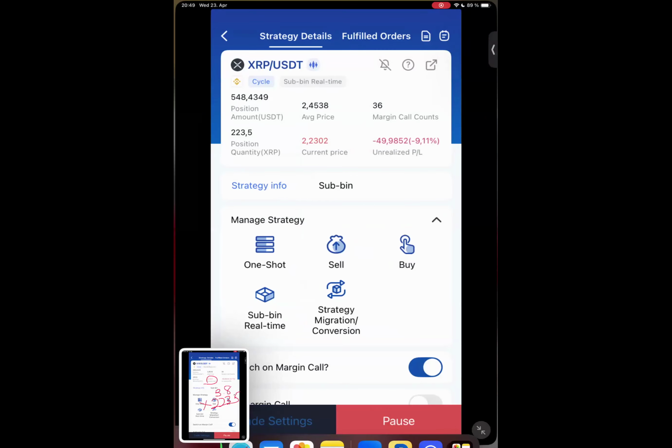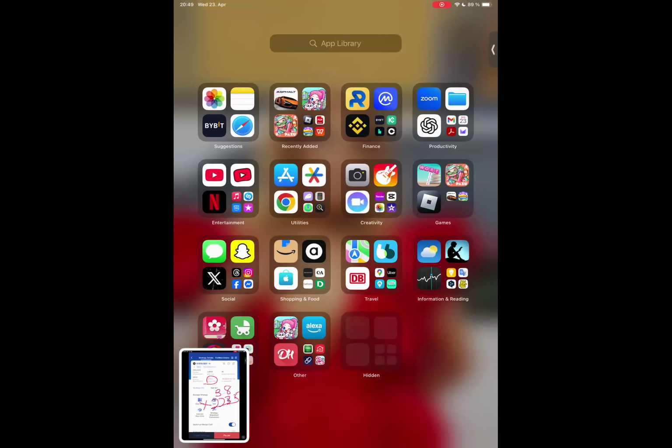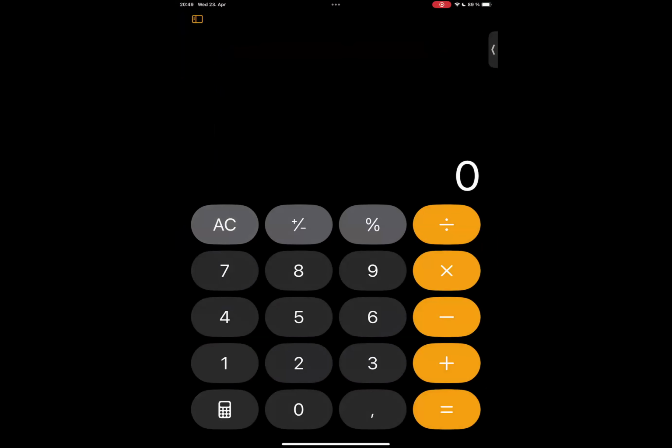Let me do that on this calculator so that someone will not think I'm doing magic. 3.8 times 223.5. 223.5 is the quantity I have at the moment, and 548 got me that quantity.